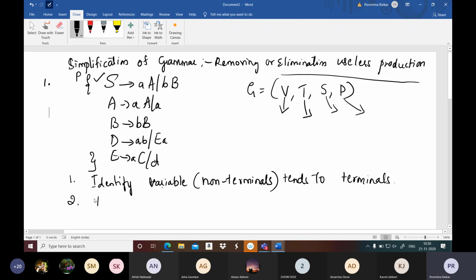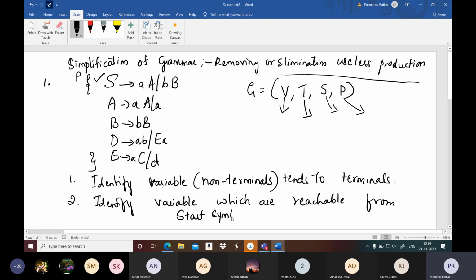Second step is to identify the variables which are reachable from the start symbol using a dependency graph.